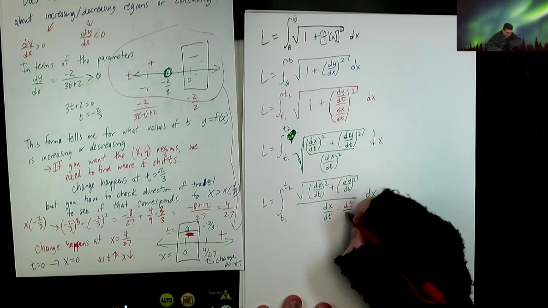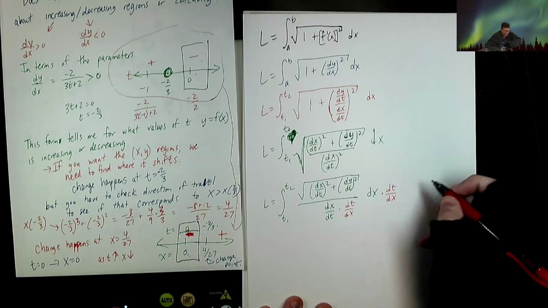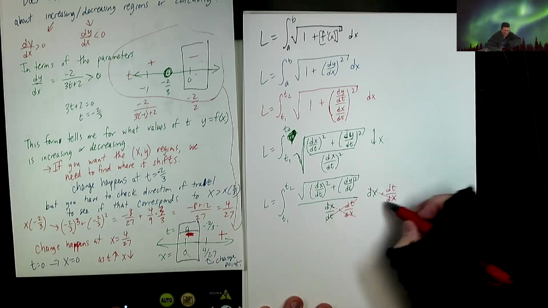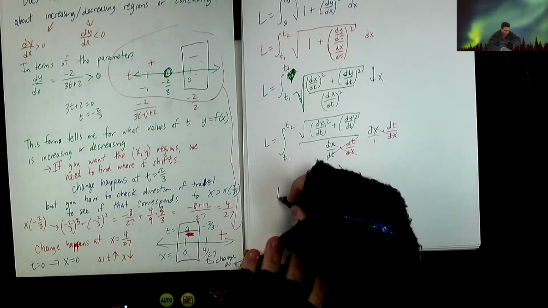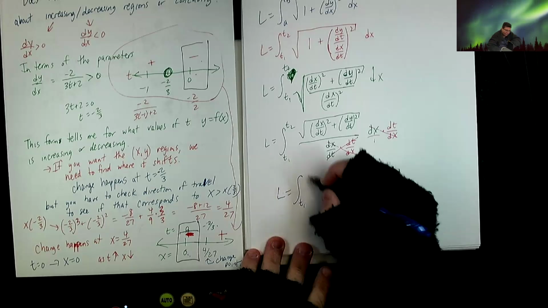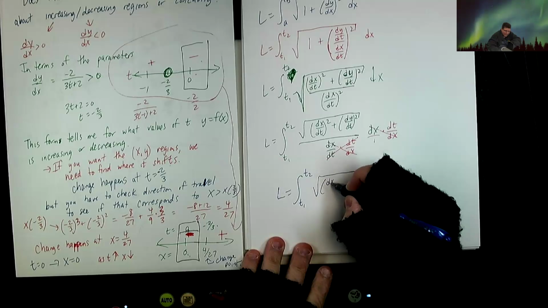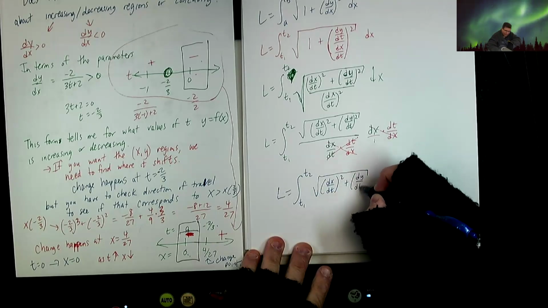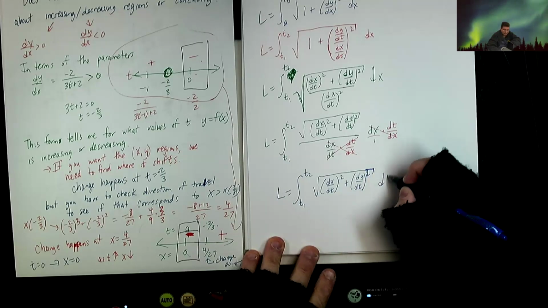If I wanted to clear fractions, it looks like that goes away and that goes away. We're left with the arc length in parametric form: the integral of the square root of dx dt squared plus dy dt squared, dt.